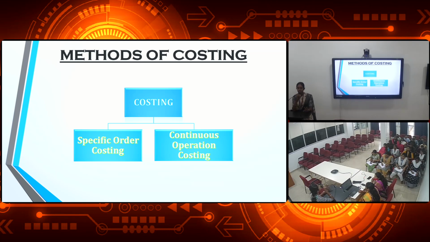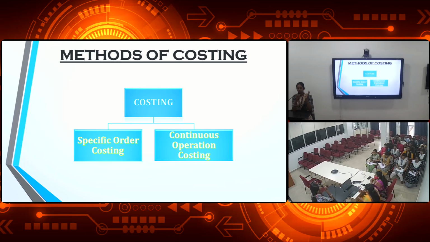Continuous operation costing refers to a process that will be continuing, in the manufacturing process, from starting to the packaging. So the cost involved in each and every process can be calculated in batches, or based on the job, or based on outsourcing or any raw materials or packaging, whatever the process may be.